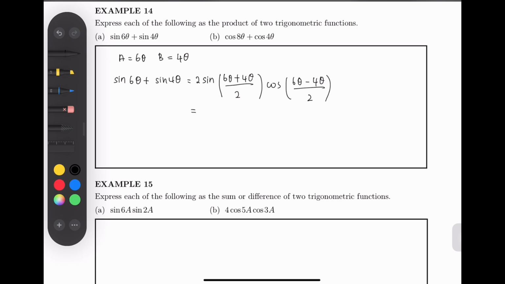Simplify to get 2 sine, 6 plus 4 is 10 divided by 2 is 5 theta, cos, 6 minus 4 is 2 divided by 2, cos theta.